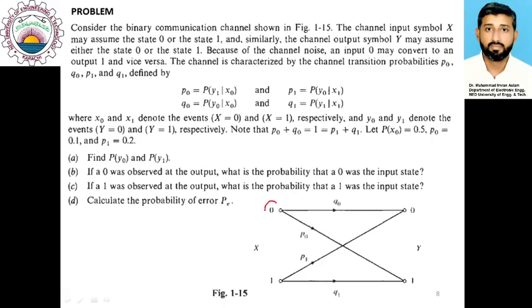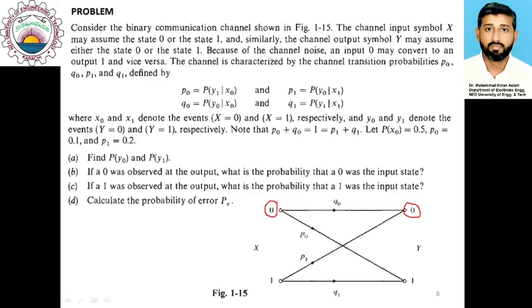Say for example, if we transmit 0 at the transmitter side and it passes through the channel and we do not see any error, in that case you will receive 0. So 0 transmission will be received as 0 reception.